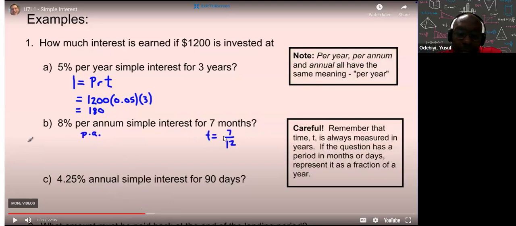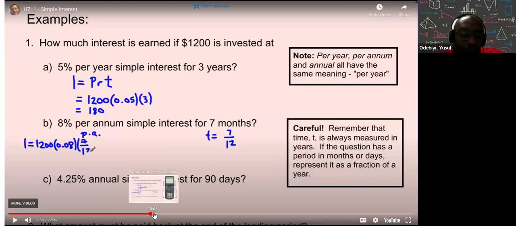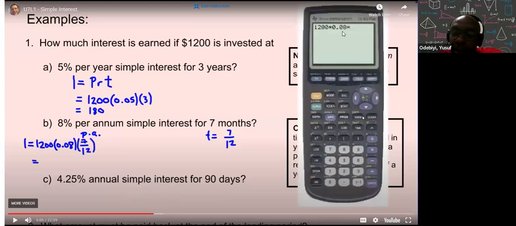So there you go. See the time? It's 7/12. So now my interest amount in dollars is going to be 1200 times 0.08 times 7/12 because we're looking at 7 months. And you can see he's punching on his calculator here, so you can see on the side how that looks.